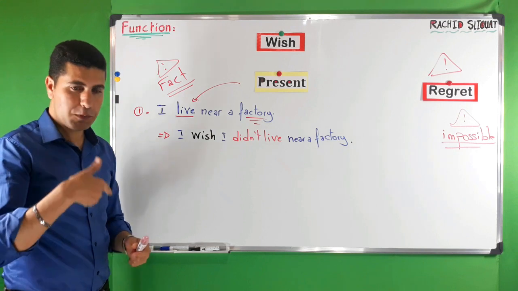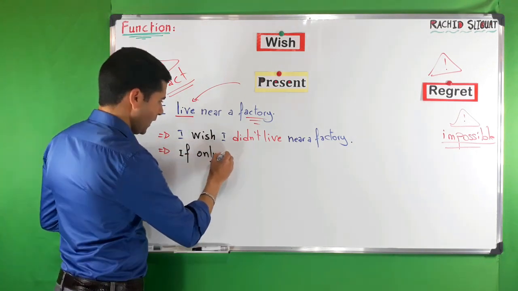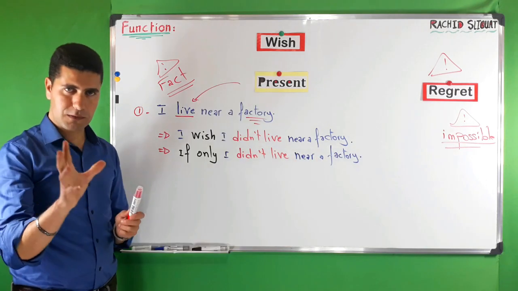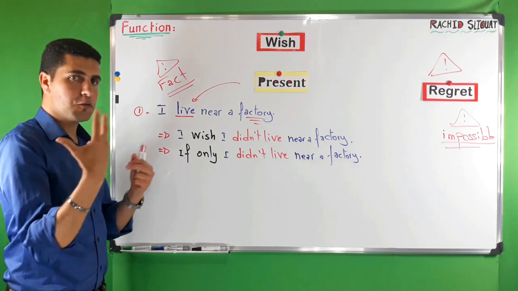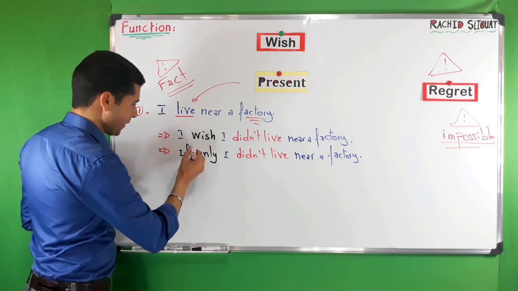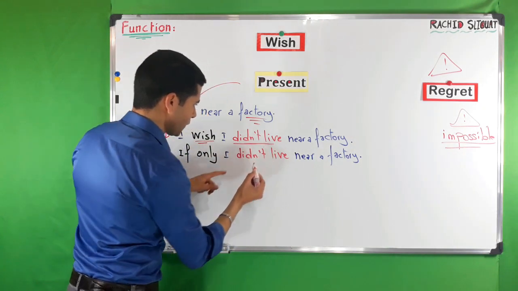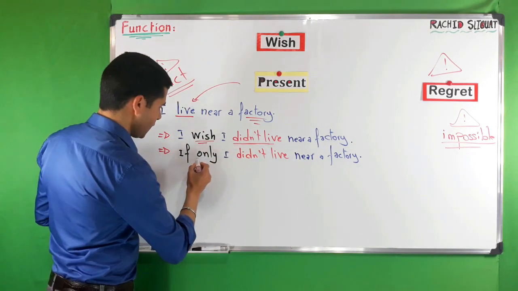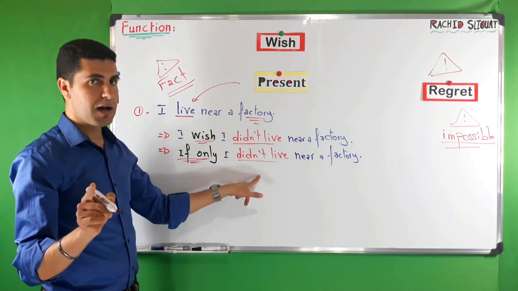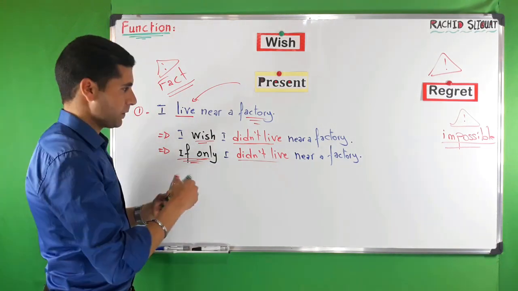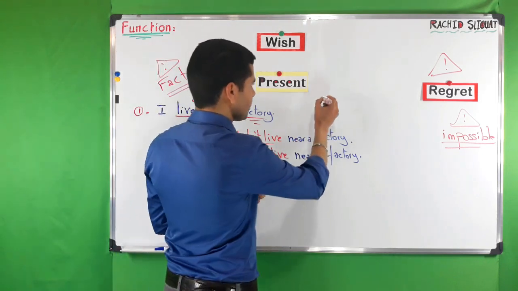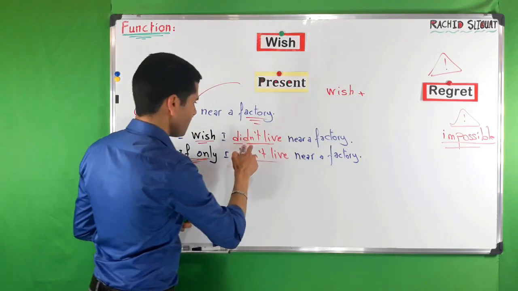Now, this is for number one. We can also say, if only I didn't live near a factory. So as you can see here, we have two ways to express a wish or a regret. Here we have wish plus past simple, okay? Here we have if only, didn't live, again past simple. So very simply, if we want to take the rule, here we have wish plus the past simple.